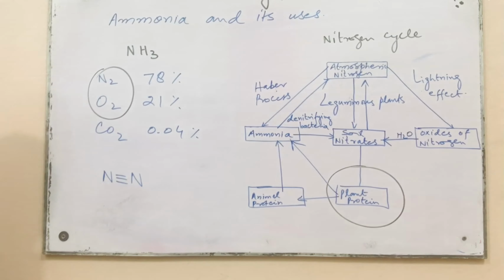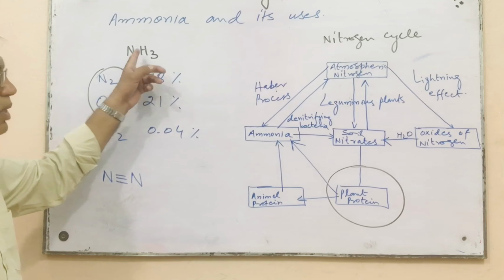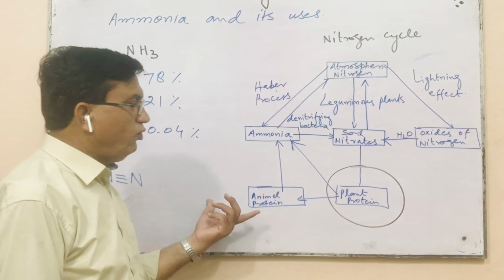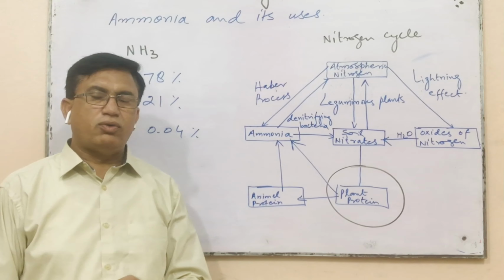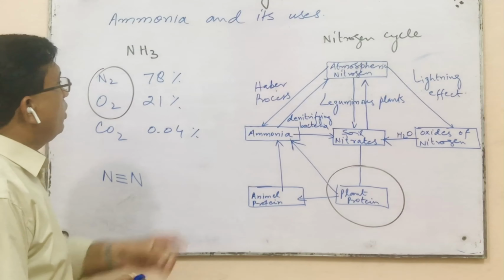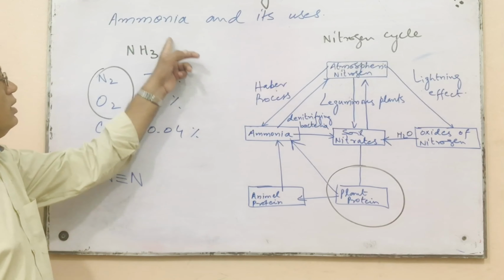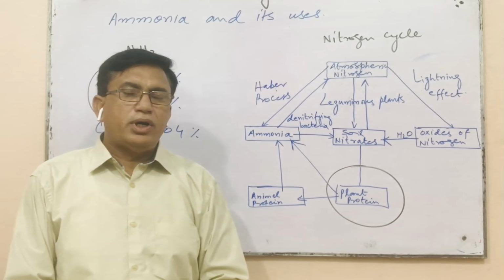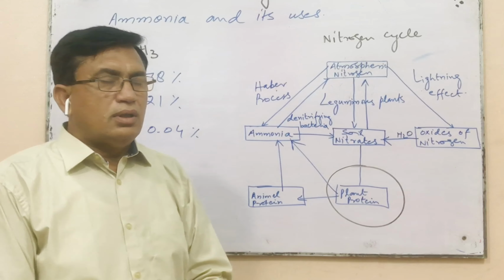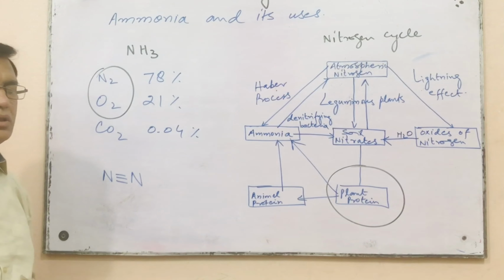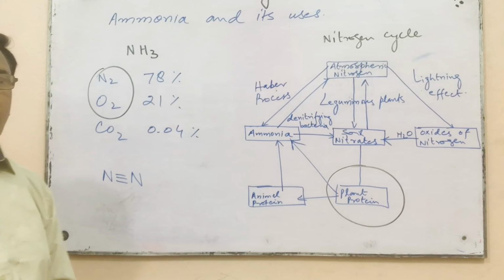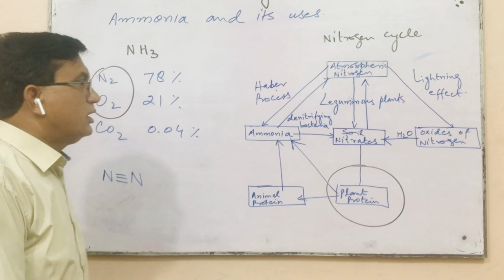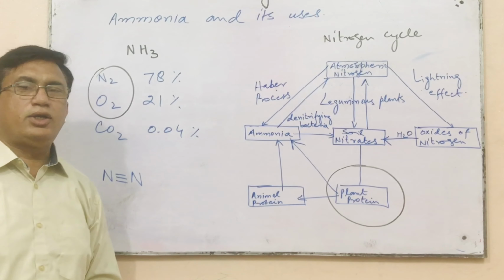In the absence of this ammonia, there might be a deficiency of food for the whole population of the world. So ammonia is the most important fertilizer which increases the rate of production of plants and provides the maximum nitrogen.